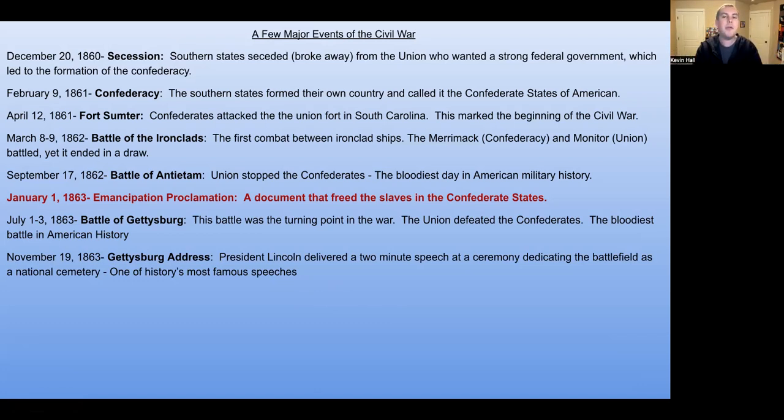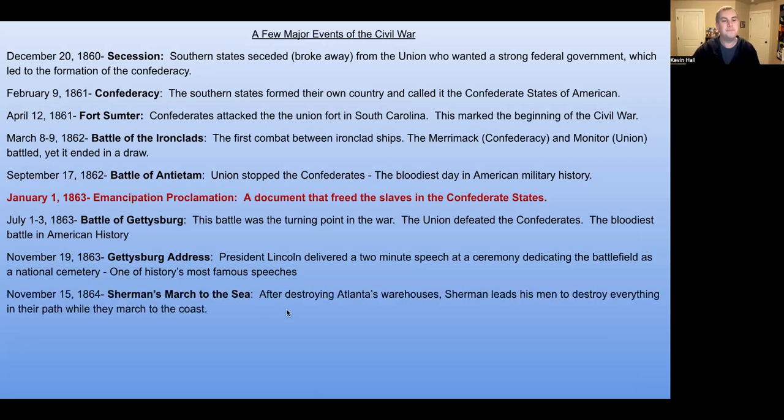But now it's becoming apparent that the war is also about freeing the slaves. And this is a much more noble cause, and it gave the North a renewed sense of fighting. It gave them a real purpose. They were not just fighting to bring the South back, they were also fighting to end slavery, which to them felt like a much more significant cause.